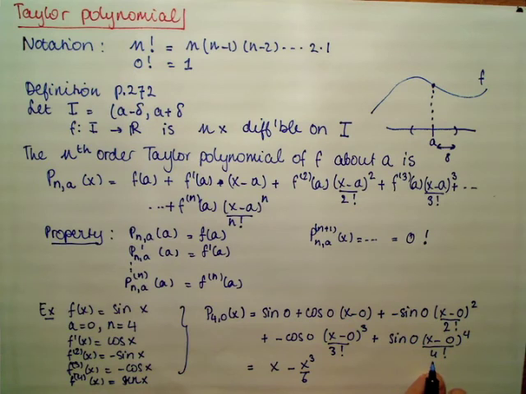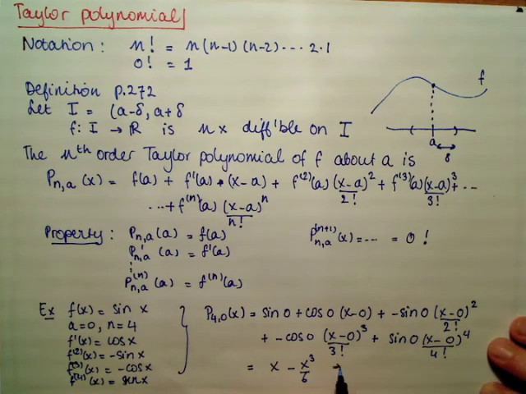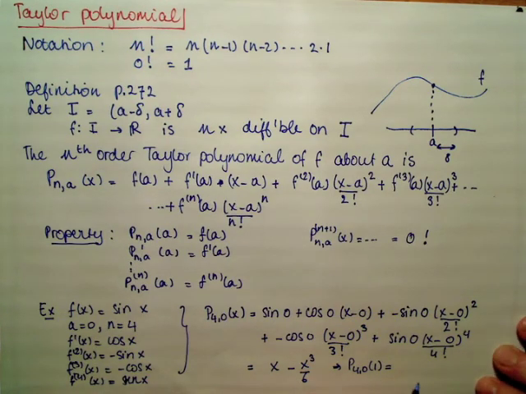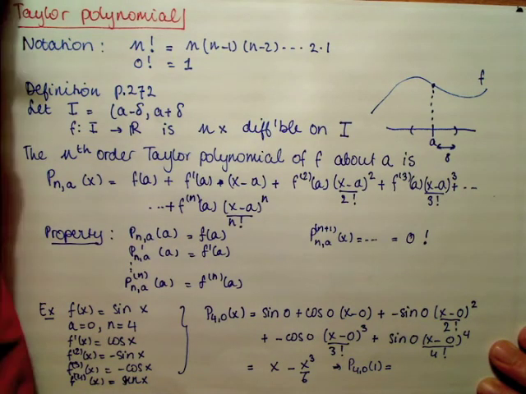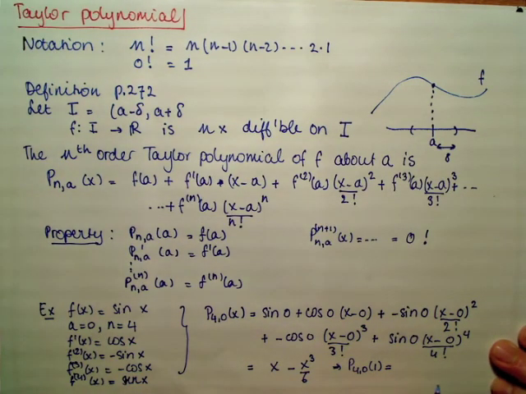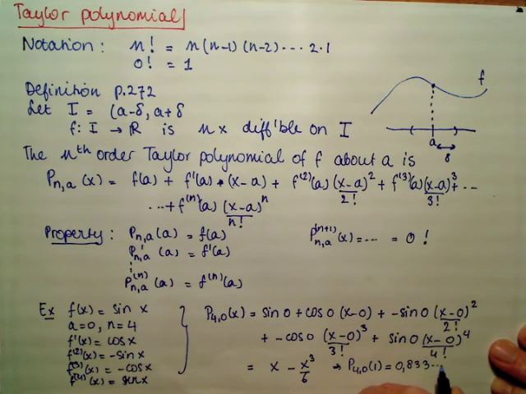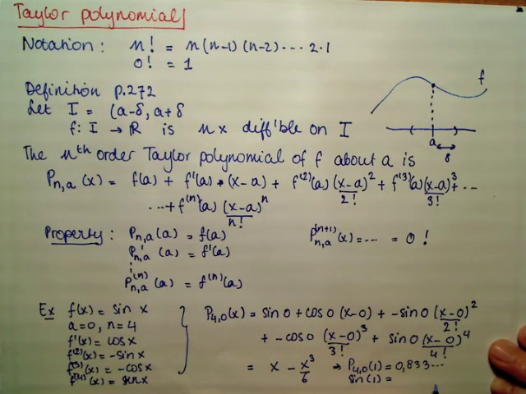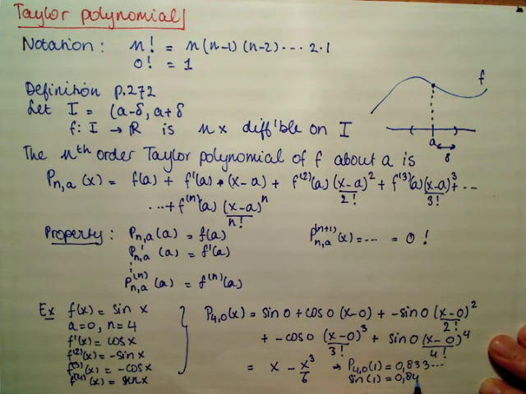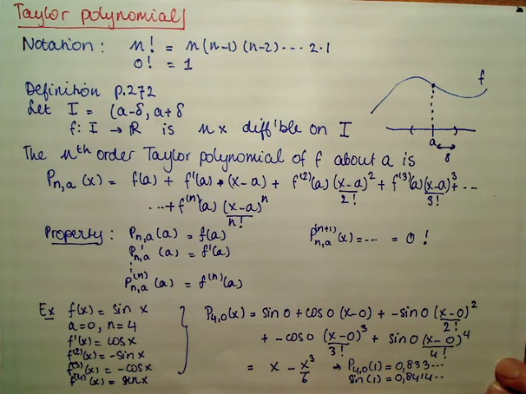And if we now compute this fourth order polynomial at the point 1, then we get approximately the value, I computed it somewhere, 0.833 and so on, and recalling that the value of sine of 1 was equal to 0.84 and something, then you see that this is already close enough.